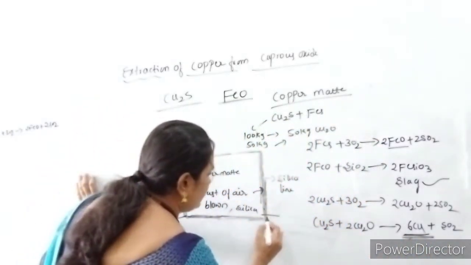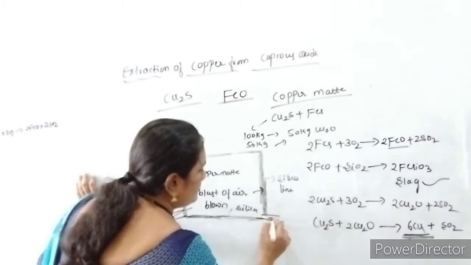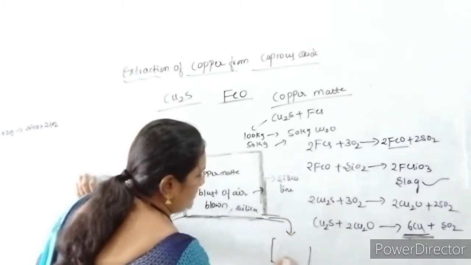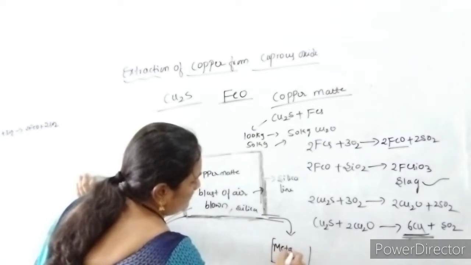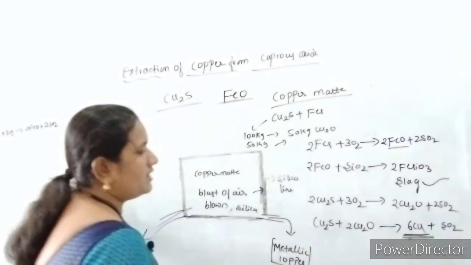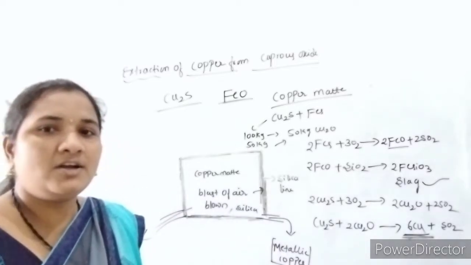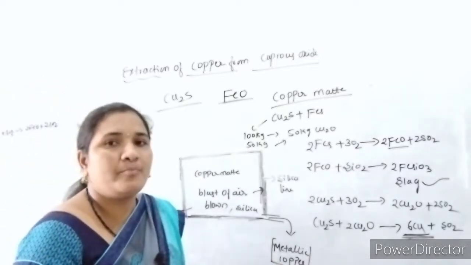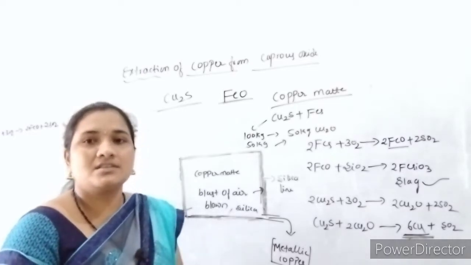It should be collected in another opening, in another container. So metallic copper. In this way we are extracting metallic copper, but this metallic copper is called blister copper.